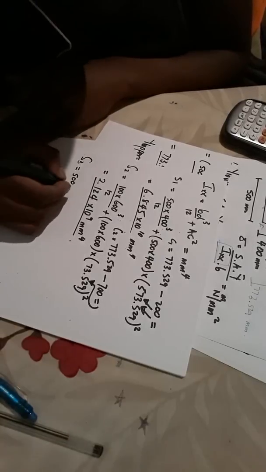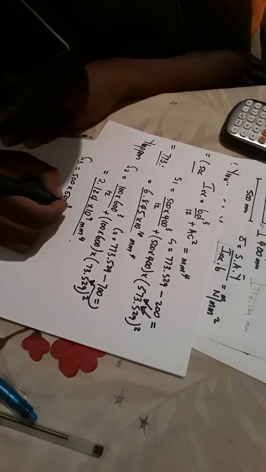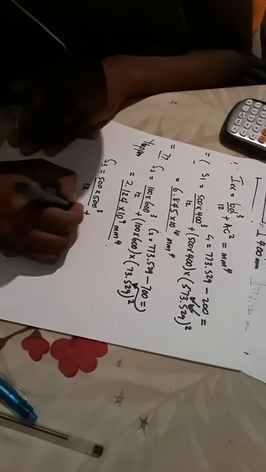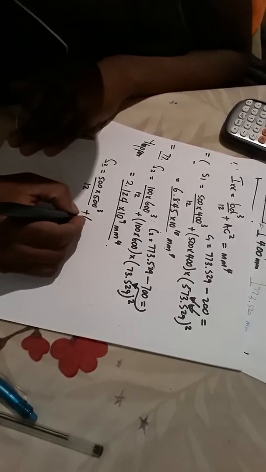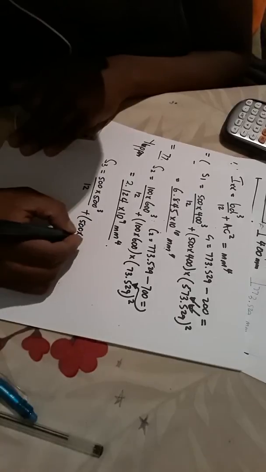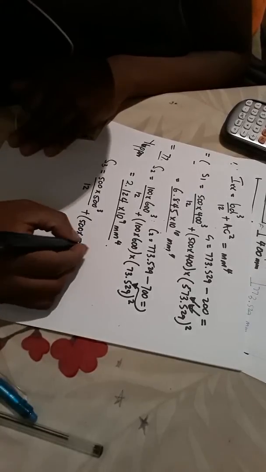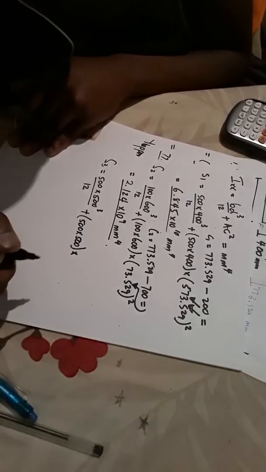You do the same thing for shape 3. Shape 3, our B will be 500 and then D will be 500 cubed over 12 plus area, of which would be 500 times 500 times C3.